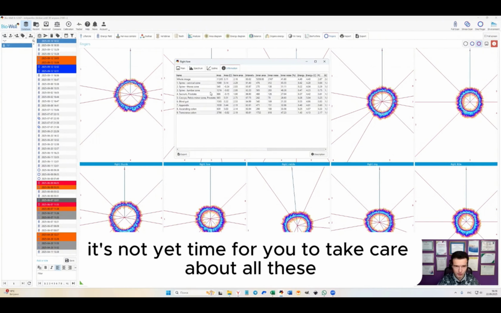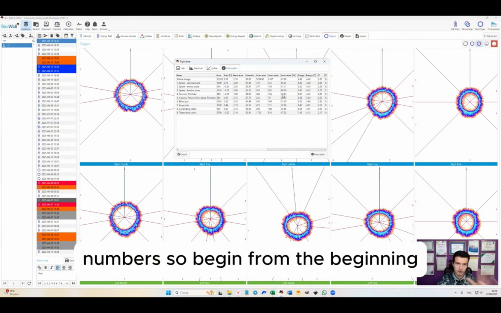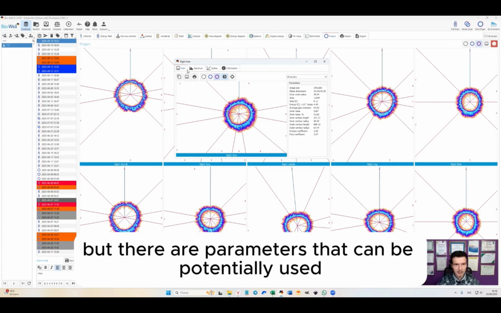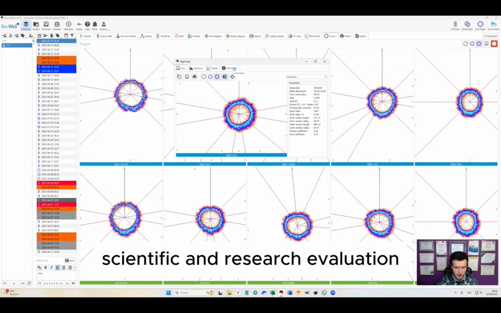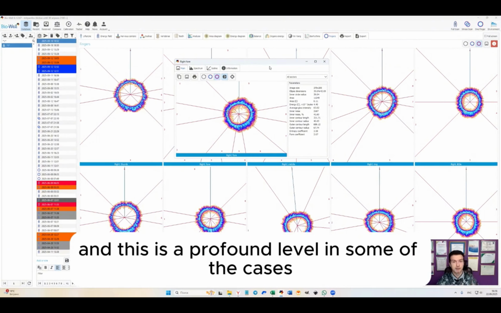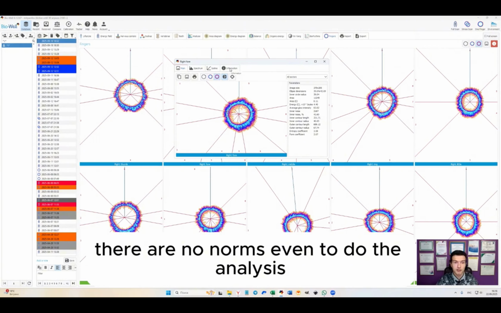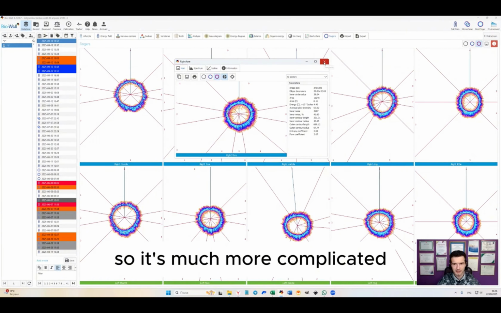It's not yet time for you to take care about all these numbers, so begin from the beginning. But there are parameters that can be potentially used by you for interpretation, scientific and research evaluation, and this is a profound level. In some cases, there are no norms even to do the analysis, so it's much more complicated.